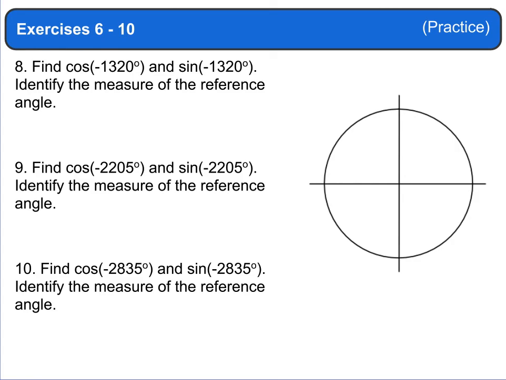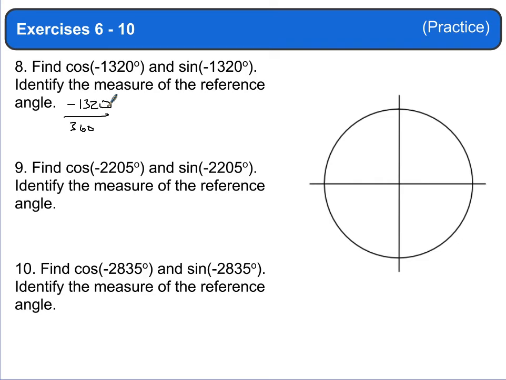So then they're going to remind us that this still works even though we're going clockwise. We can still figure out how many times we're going to rotate. So if I did negative 1,320 and I divide that by 360, whether it's negative or positive is irrelevant.